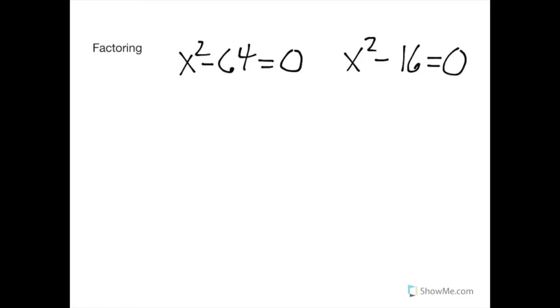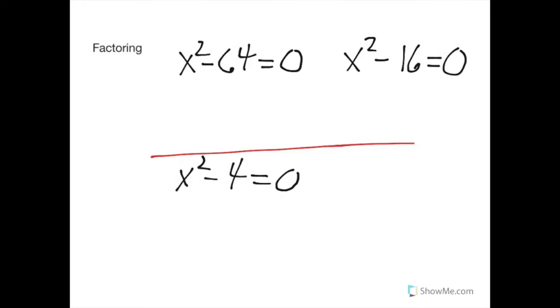And I'm also going to write another one. X squared minus 4 is equal to 0. As you can see, I haven't left very much space, and that's because these problems are very, very simple. But, as you can see, they are still quadratics. They all have a degree of 2, so you need to treat them like quadratics.